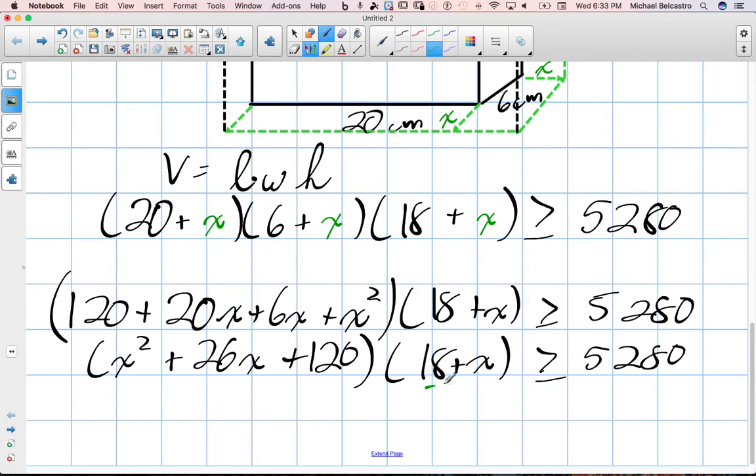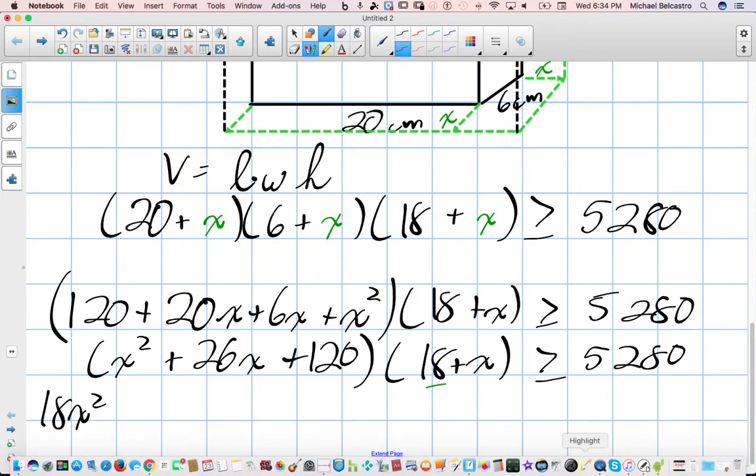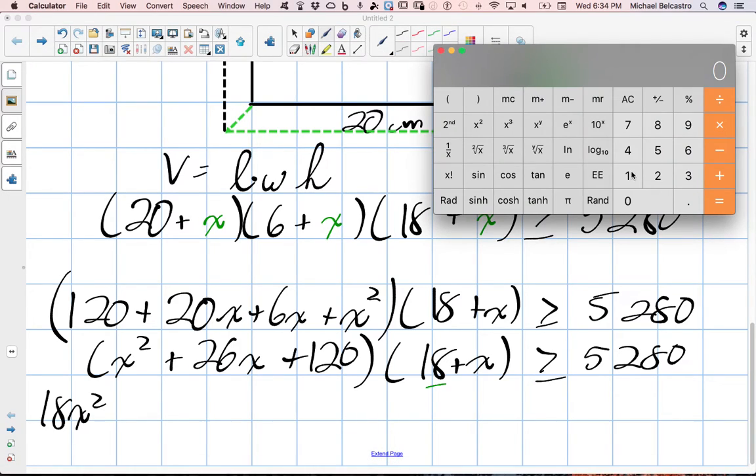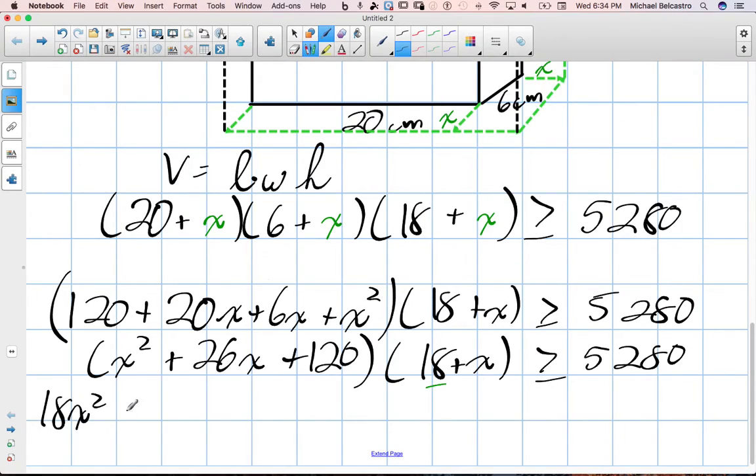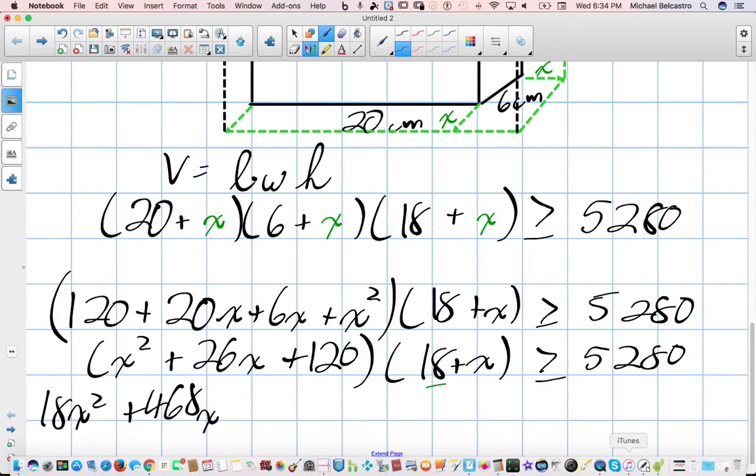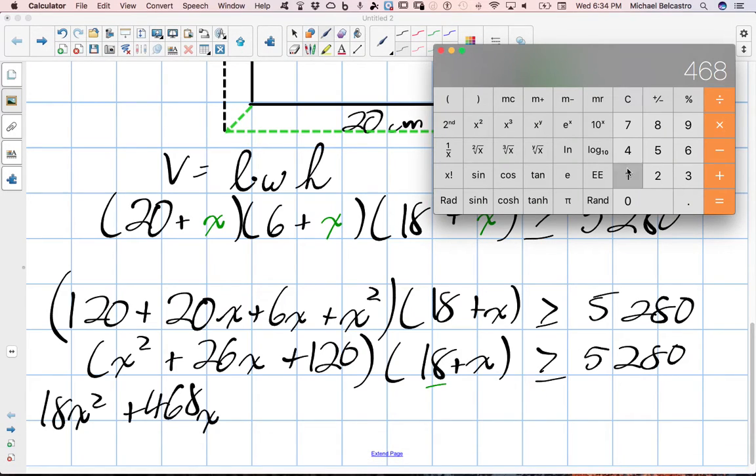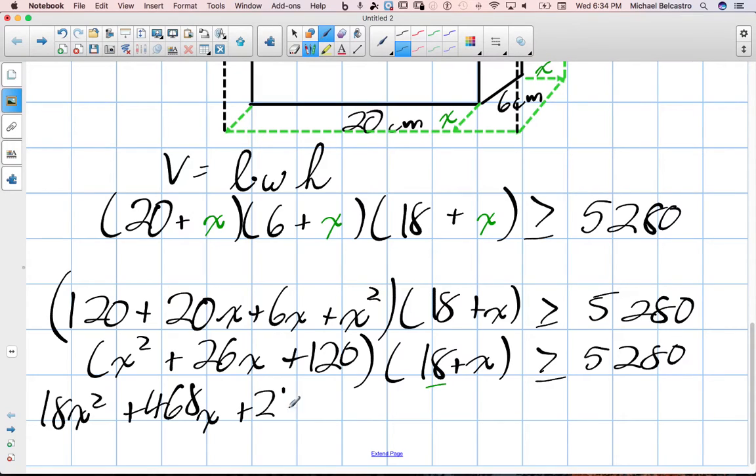First we'll distribute the 18 to everything within here. So we get 18x squared. I'm going to have to bring up a calculator for that part. 18 times 26, 468x. 18 times 120, 2,160.